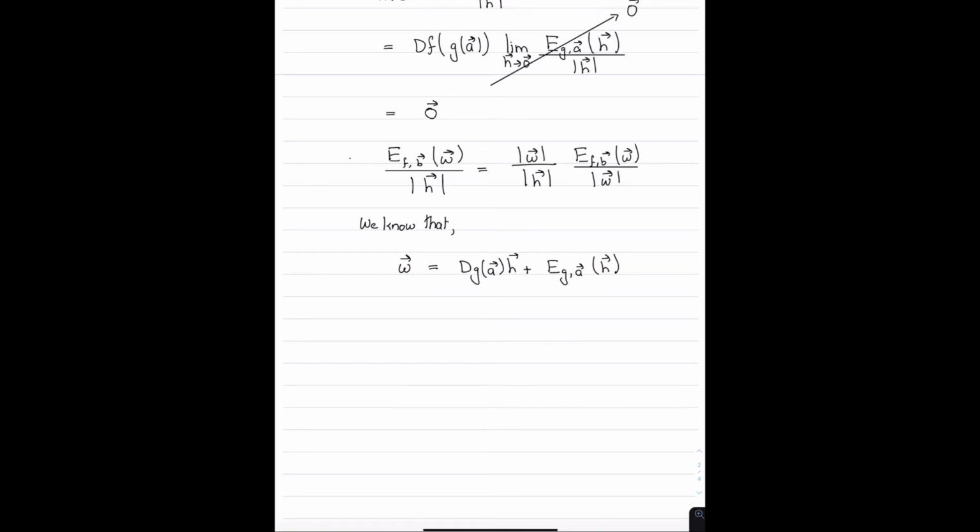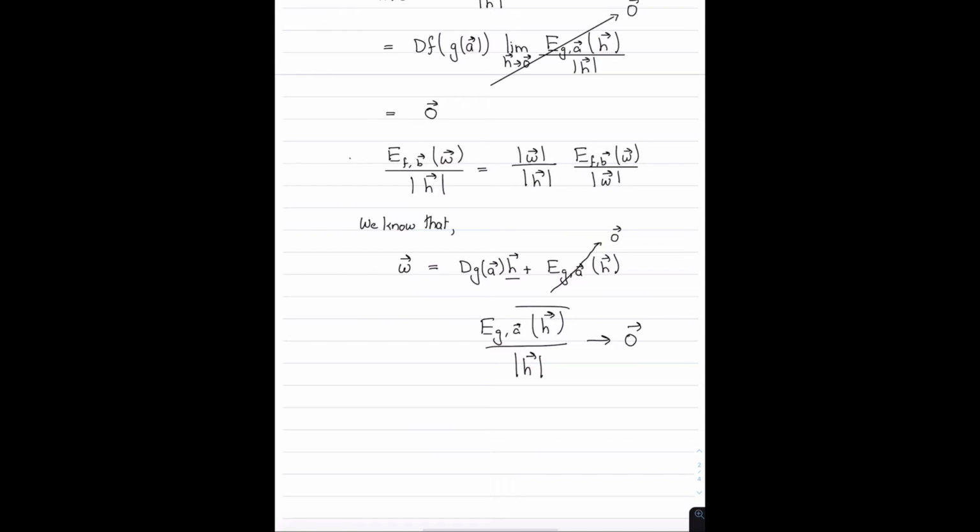If h approaches the 0 vector, we know that this entire thing is going to go to 0 because dg of a, the derivative of g evaluated at a, is basically just a constant. And we also know that this term must go to the 0 vector. Why is that the case? Because we know that g is differentiable at a, so this limit does indeed go to 0. This limit divided by the norm of h does indeed go to the 0 vector.